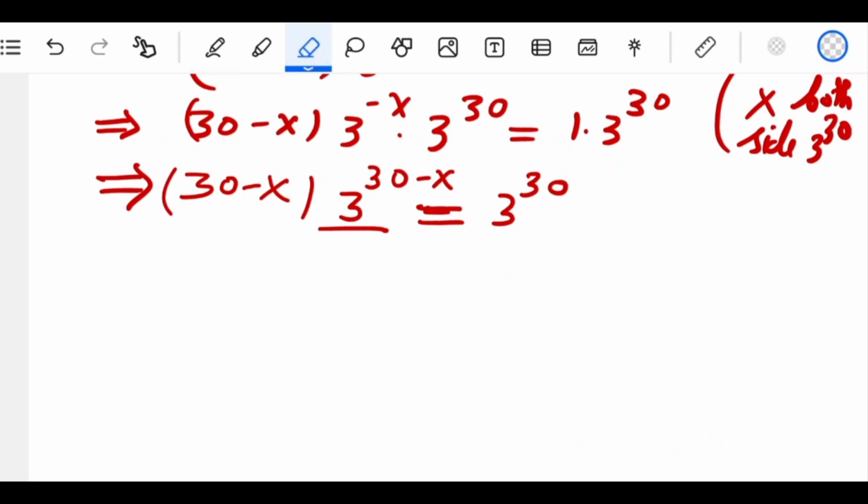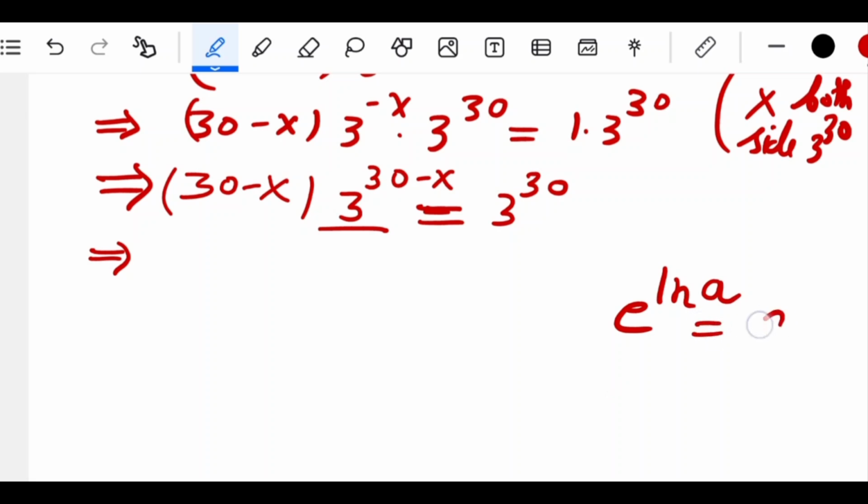Now when we write it in such a way, in the next step, what we have is 30 minus x times 3 raised to 30 minus x. Here we use the exponential identity: e raised to ln a, the value of this is a. Suppose we let a be 3, so e raised to ln 3 is equal to 3.